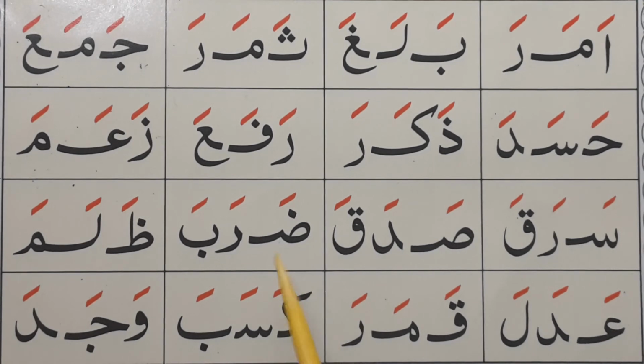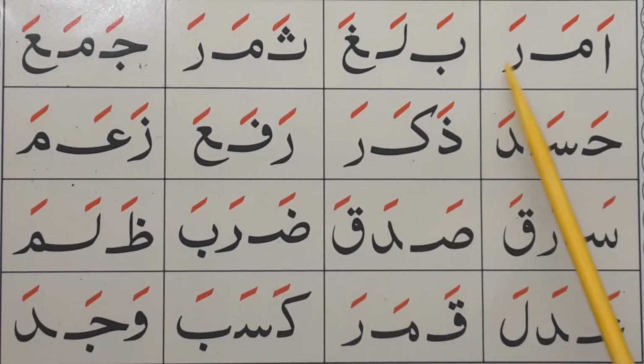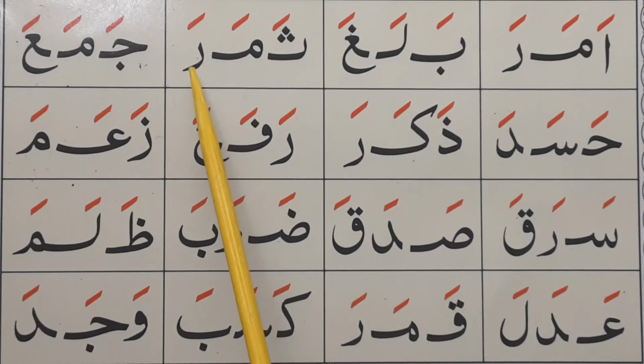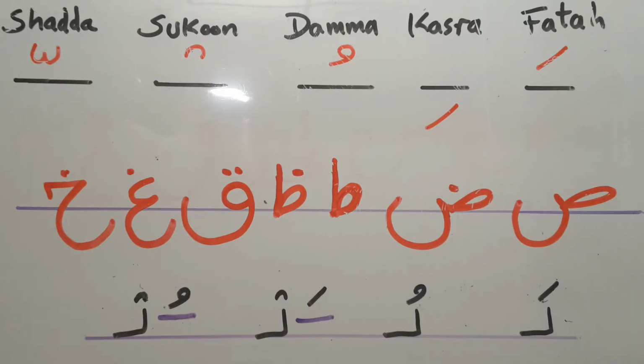I'll mention one more thing here that we've just come across. Ra fatha, here ra fatha, ra fatha, ra fatha. So whenever you find a ra fatha, it is a heavy letter. Okay, it's the same category as what we've done before with the other 7 letters. This also becomes heavy when it has a fatha on it. Ra becomes heavy when it has a fatha on it. Ra becomes heavy when it has dhamma on it.